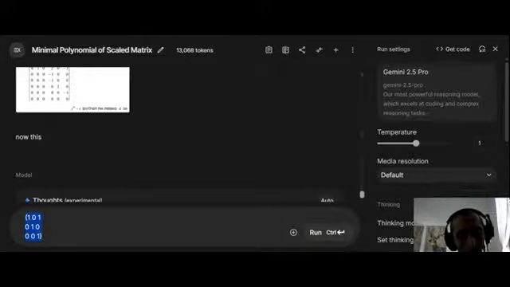Let's see what happens when you take this matrix to the power of two. Okay, it's not what I thought it would be.